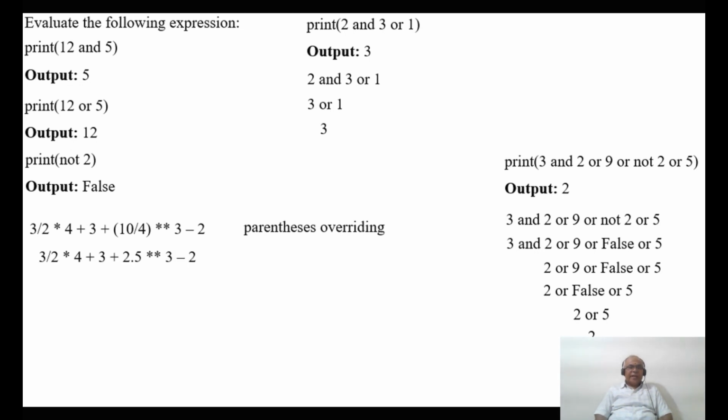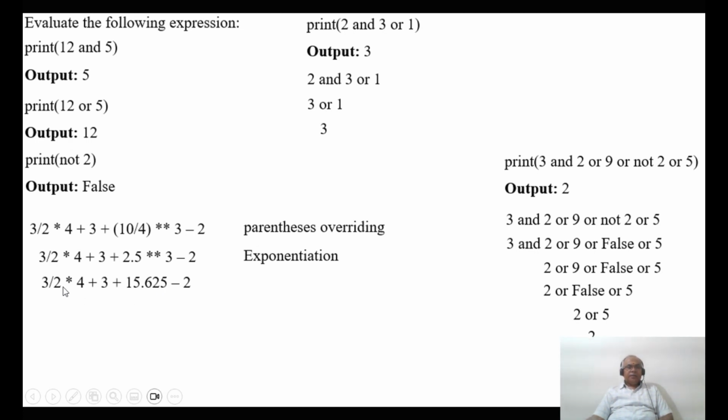So you will get 3 / 2 * 4 + 3 + 2.5 ** 3 - 2. Then exponentiation has the highest precedence, so you get 2.5 to the power of 3, which is 15.625.